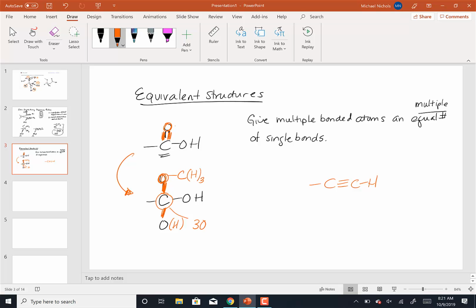What would be the equivalent structure of a carbon-carbon triple bond? Take a minute, draw it out. I'll help you with that, which really isn't a lot of help.